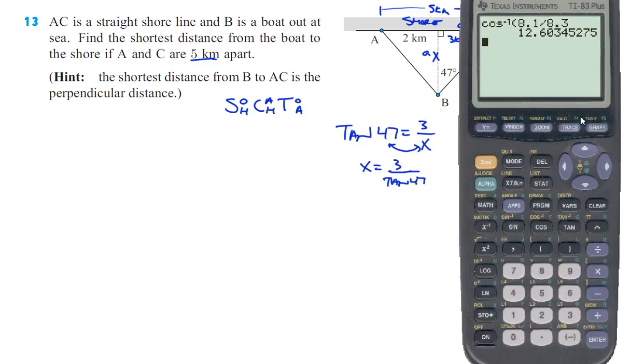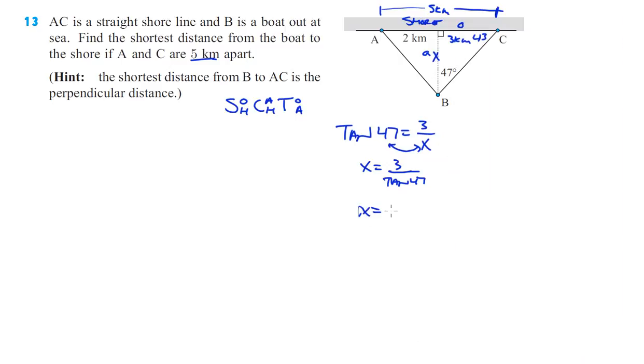Okay, so let's calculate that out. 3 divided by tangent 47 gives us 2.797. So let's go with 2.80 kilometers. Okay. All right, so that's that one.